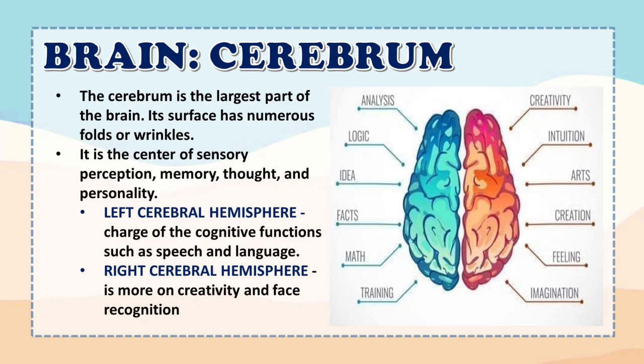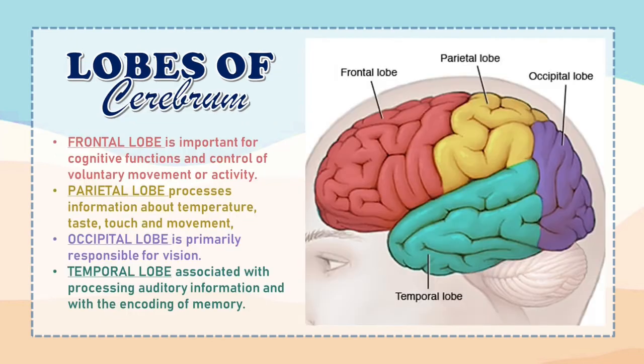Okay, so always remember that the cerebrum is the biggest part of the brain, wherein it makes up 85% of the brain's weight. So with that, the cerebrum is the thinking part of the brain, and it controls all your voluntary muscles. Now we have here the different lobes of the cerebrum.